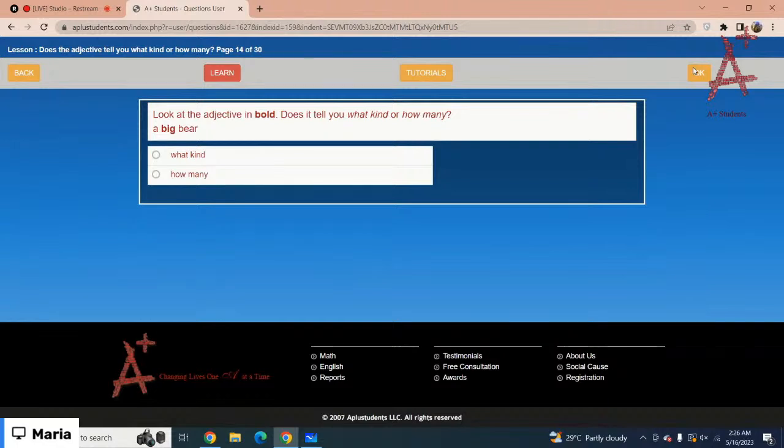Look at the adjective in bold. A big bear. What kind or how many? Yes, it is. Big is the kind of the bear, so it would be what kind?